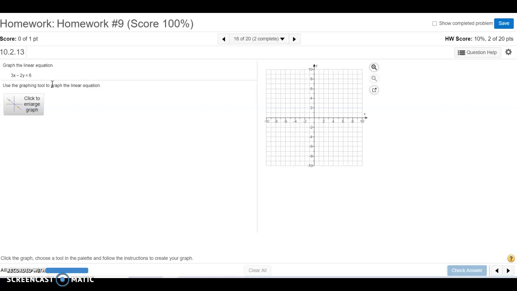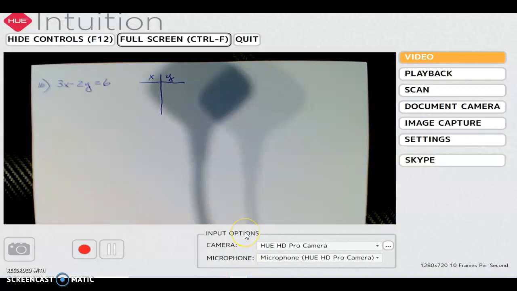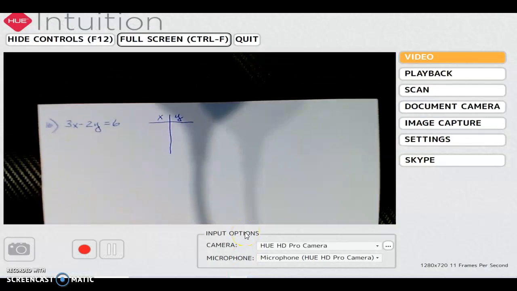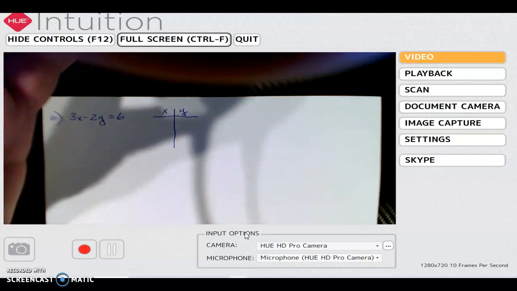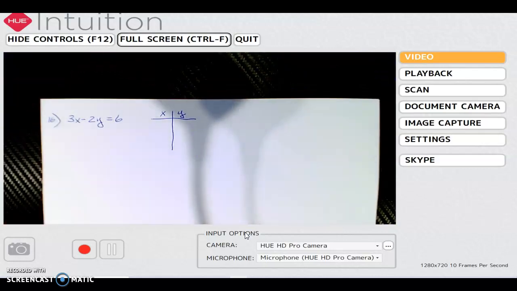So 3x minus 2y equals 6. And we'll generate a table of ordered pairs of x and y values. So let me show you my work here. So I wrote down the equation, 3x minus 2y is 6, and there's my table of x and y values.